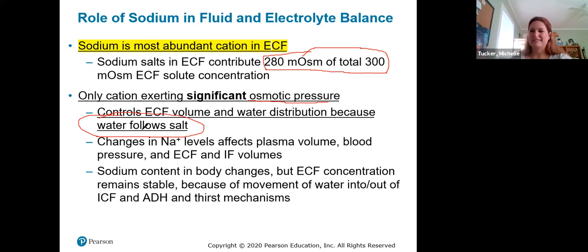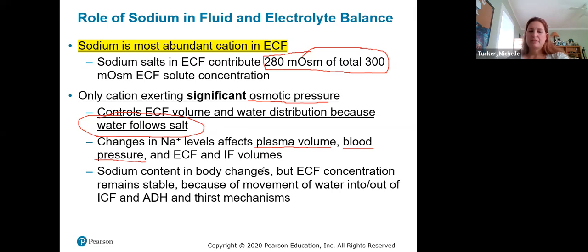So the collecting duct, you can move or you can't move, or same with the ascending limb. But in general, in most tissues, water flows freely and will follow salt. Therefore, changes in the amount of total body sodium are going to affect plasma volume, and plasma volume is going to be the main player in blood pressure.